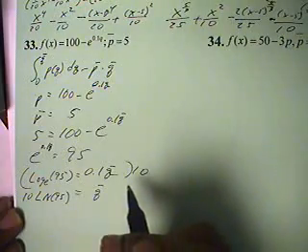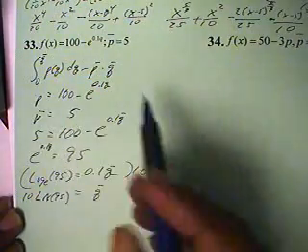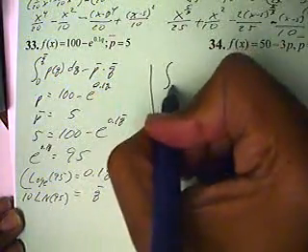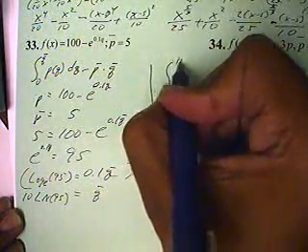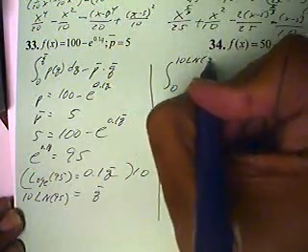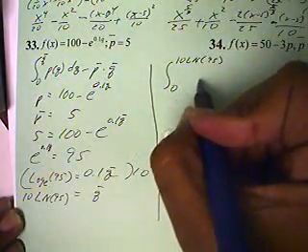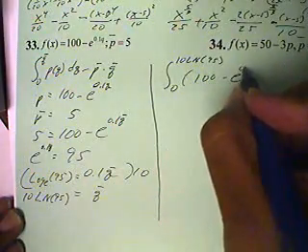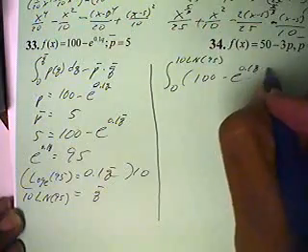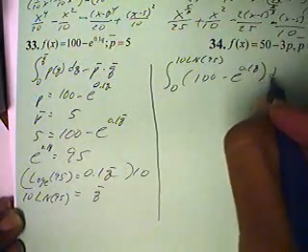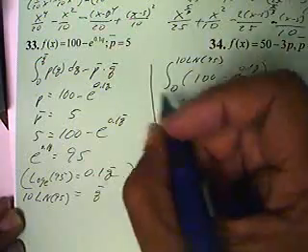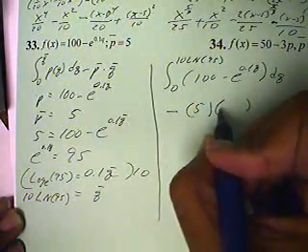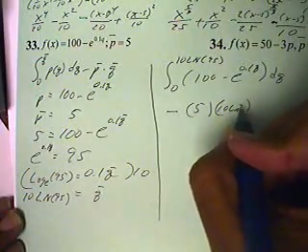Okay, now we have all three pieces. And from here we'll have 0 to our Q, which is 10 natural log of 95, and the function P will be 100 minus e to the 0.1 Q dQ minus P, which is 5, times Q, which is 10 natural log of 95.